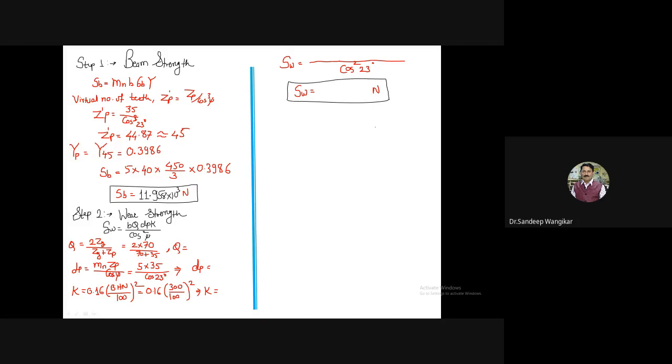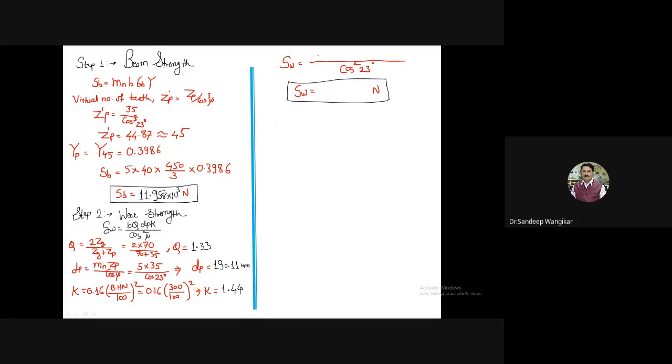So I will say here you will get Q value as, if you calculated just to check 1.33, then you will get dP value as 190.11, and you will get K value as 1.44. If the values are matching, type in the chat box yes. Then I will go for this calculation of SW.